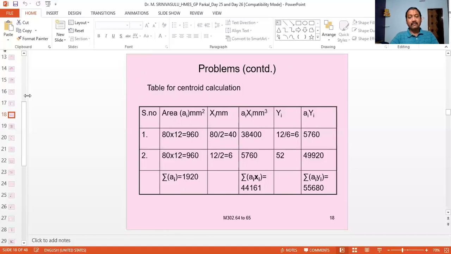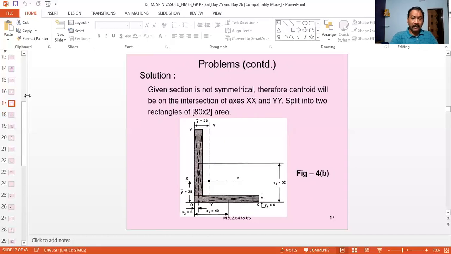Now for rectangle 1, what is the area? That is the bottom rectangle.